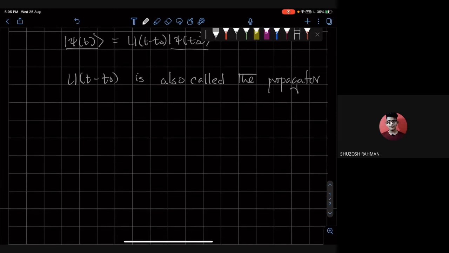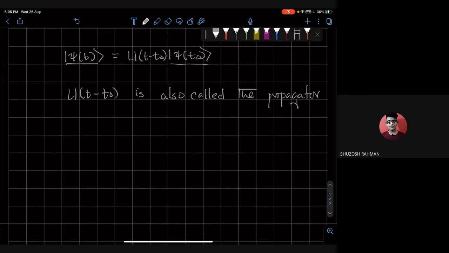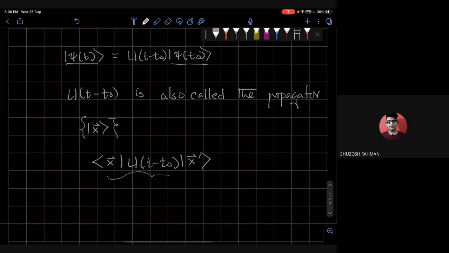It has many names, but usually when people say propagator, people mean a particular representation of the time evolution operator. In particular, the position, the coordinate representation. So if you take, say, the eigenbasis of the position operator, and you sandwich the time evolution operator in between, then what you get is a complex number, right?